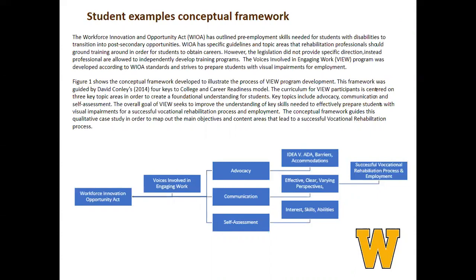You can see here, this is a qualitative look at this policy and the experiences these students had with these policies and how it led to a successful process and ultimately employment. So as you look at that, you can see the linear pathway across that this particular student was interested in studying.